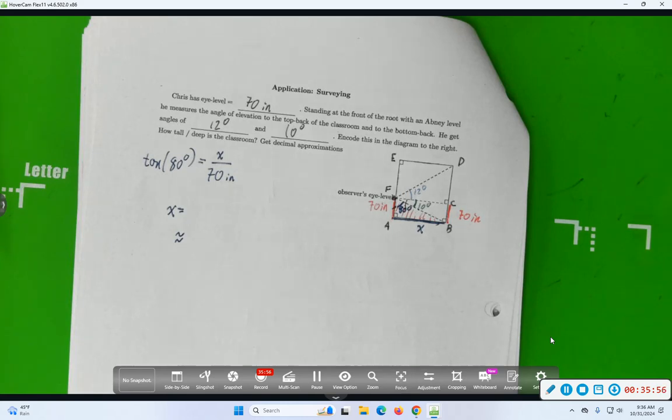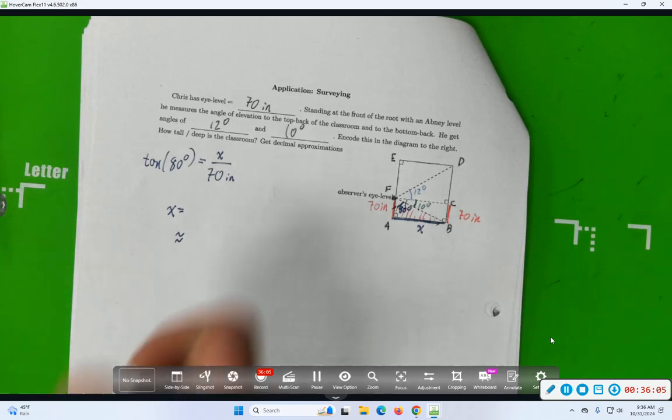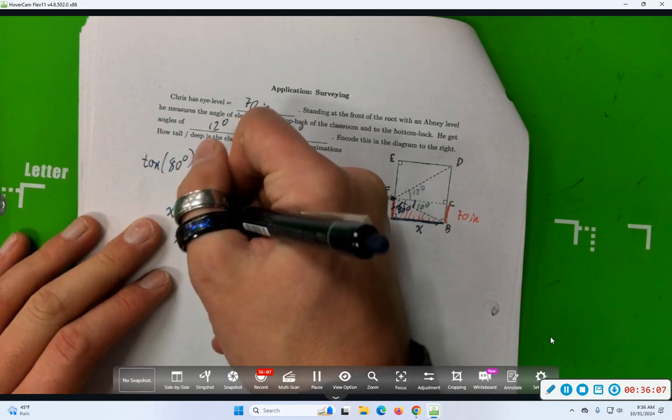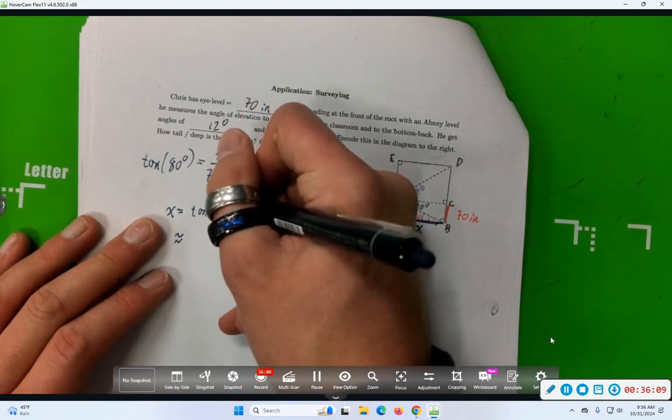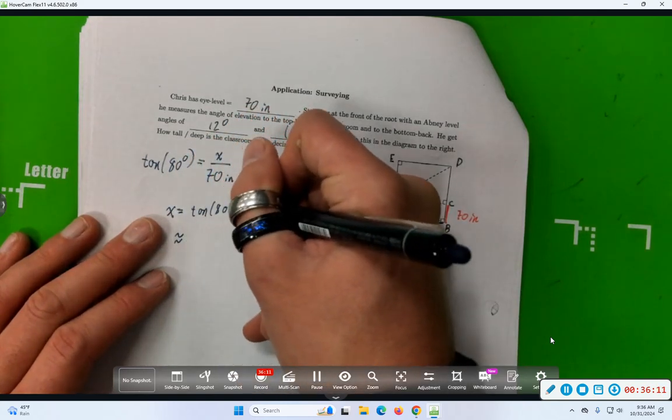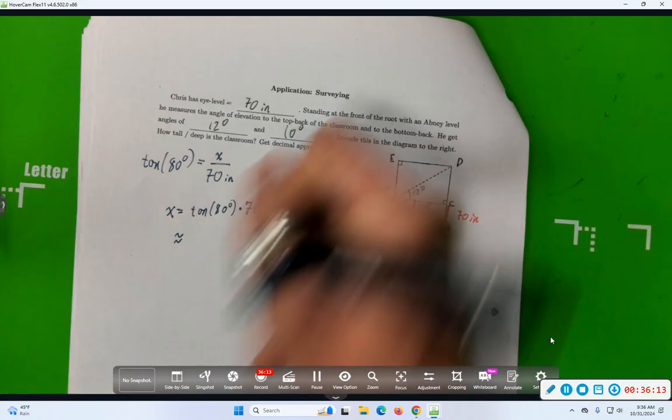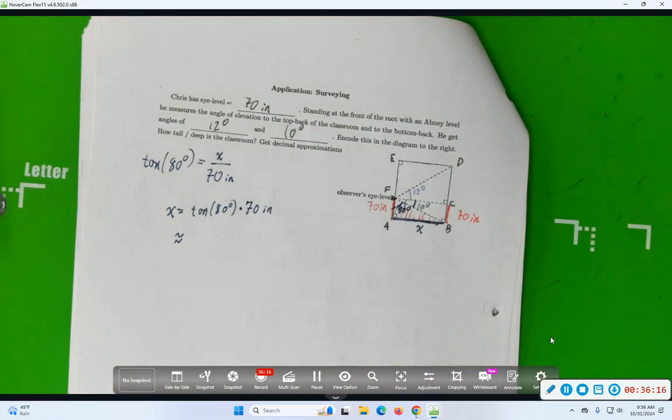So what is x? Nice. Let's get a decimal approximation just so we can see if it looks reasonable.